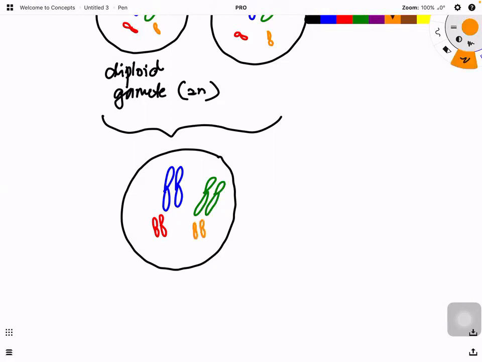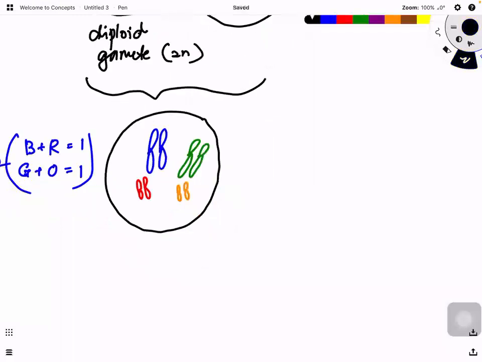Can you see that? So how many pairs? Blue and red as one pair, another green and orange, consider another pair. So total we have 2 of them. Correct? So this is a tetraploid. Can you see that? It's 4 sets, so 4N equals 8. So this is a tetraploid.